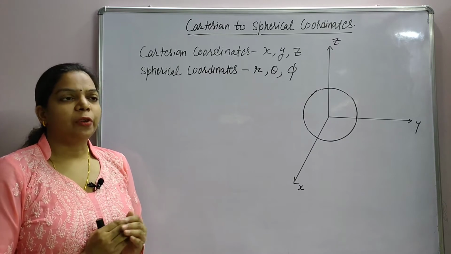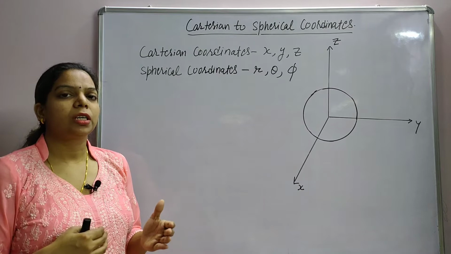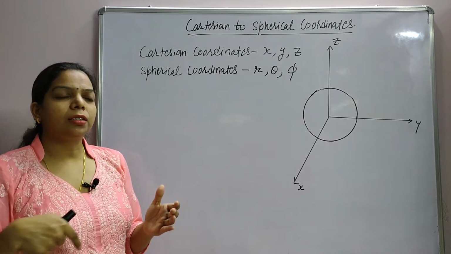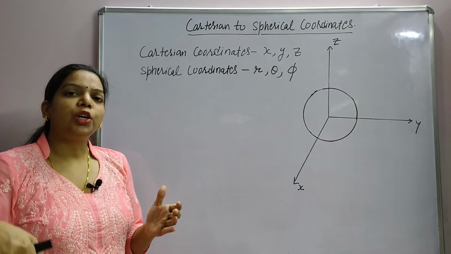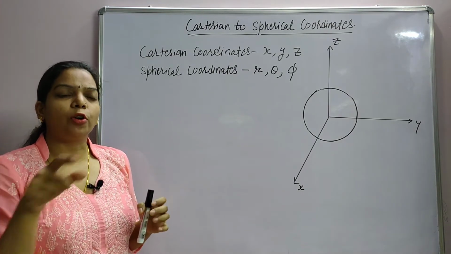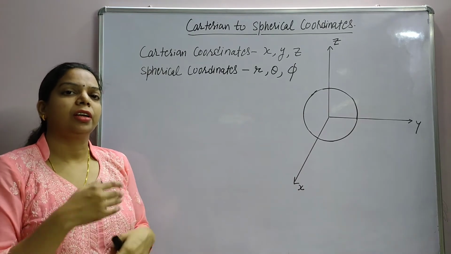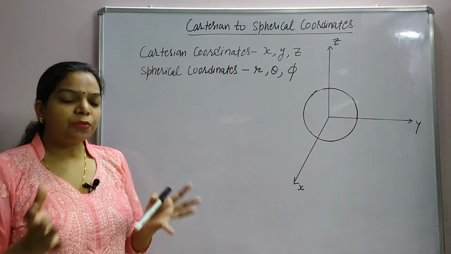But when it comes to atoms, we have to deal with electrons. Electrons are revolving around nuclei, we already know, and they are following a circular trajectory, or I must say a spherical trajectory. Their path is forming a sphere.